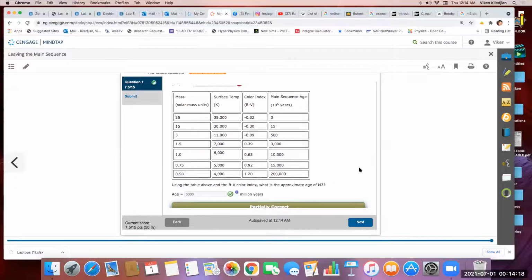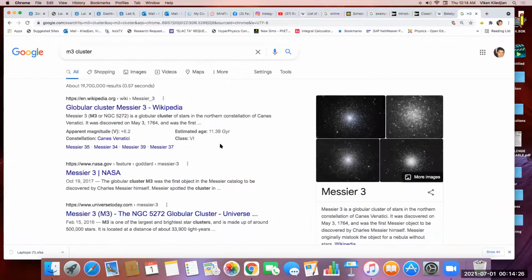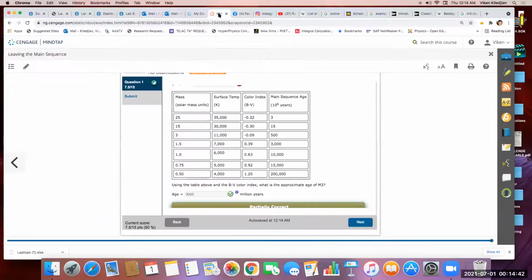On this app, it doesn't really say how far off you are, but thankfully we've got Google that helps us. So we need to up our age. Google can help us to see at least how we are wrong.